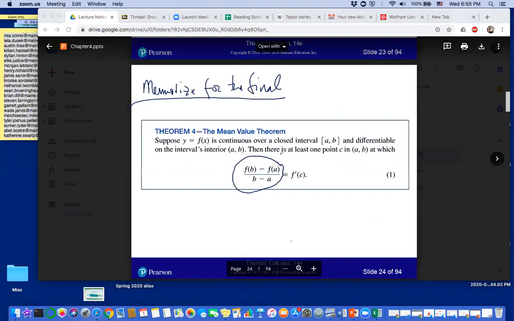It should be very familiar. Quotient. It's a difference quotient, also known as the slope of the difference quotient using A and B, using endpoints.